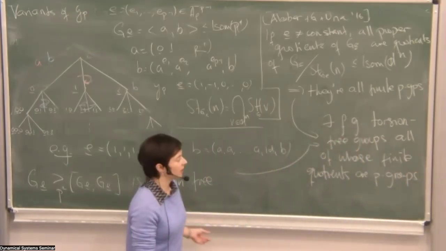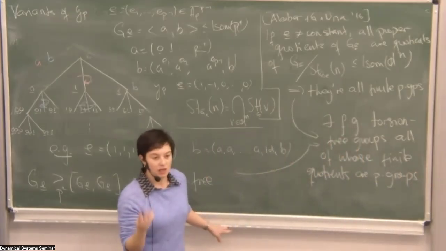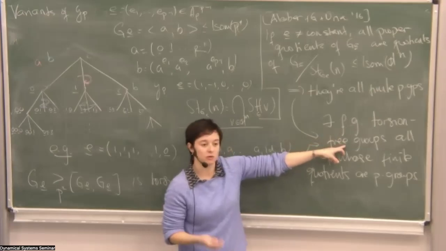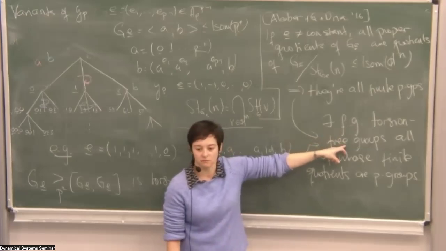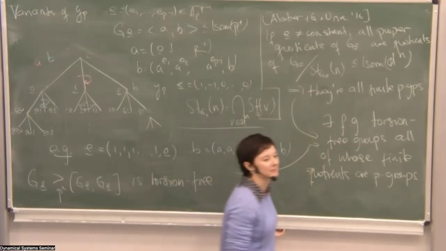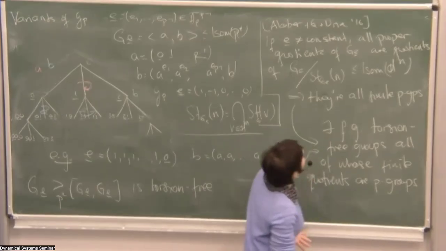If you like this language, there exist finitely generated torsion-free groups whose profinite completion is pro-p. That's what this says in a different language. If you don't like profinite groups, forget about what I said. Right.